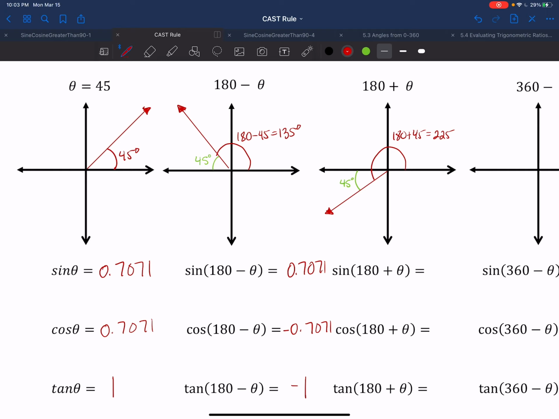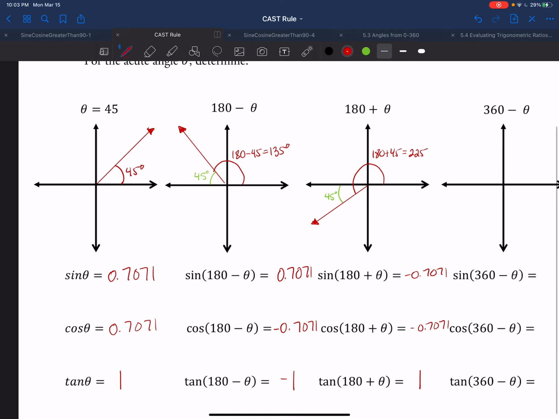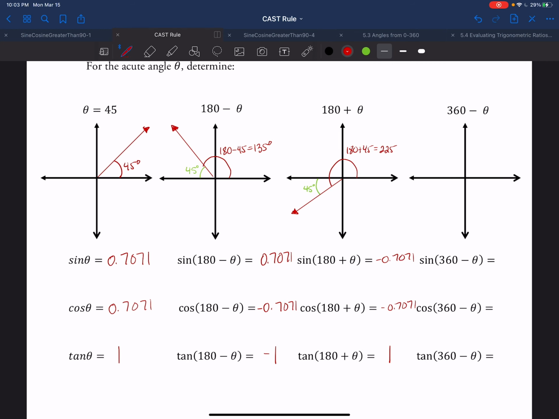So again, it's going to be the same ratio, but negative. Same with cos. But tan is going to be positive 1 because it's positive in the third quadrant. And you'll notice tan is positive 1 here and positive 1 here because they're all positive in quadrant 1. But tan is the only one that's positive in quadrant 3. Negative, negative, positive.